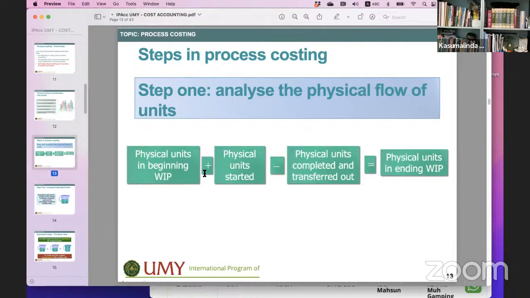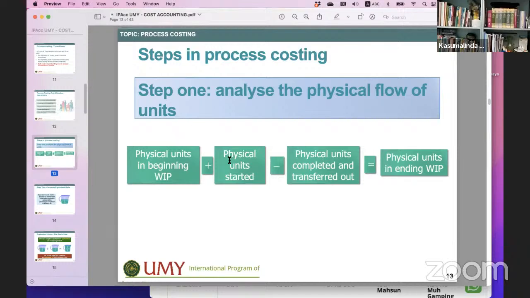And then we will add new units, which we call units started, during the month. These two will be processed during the month.